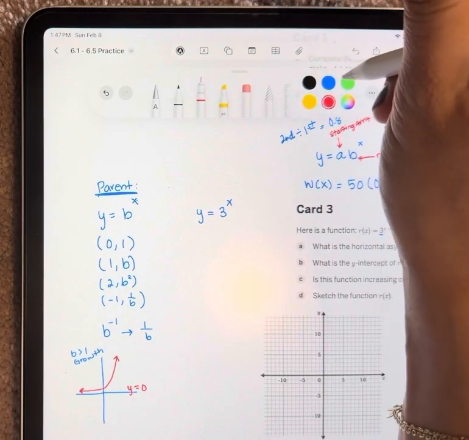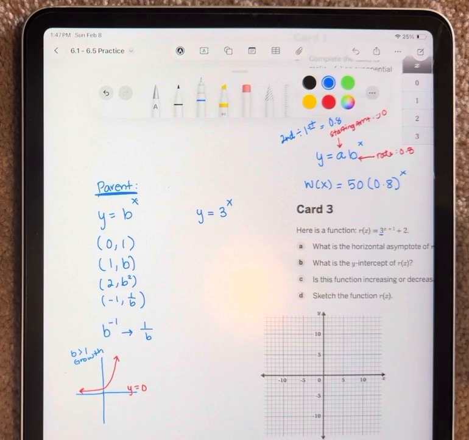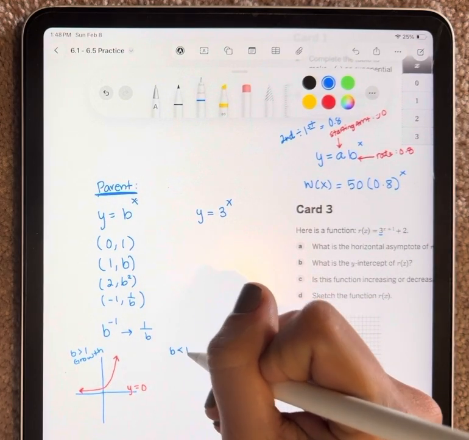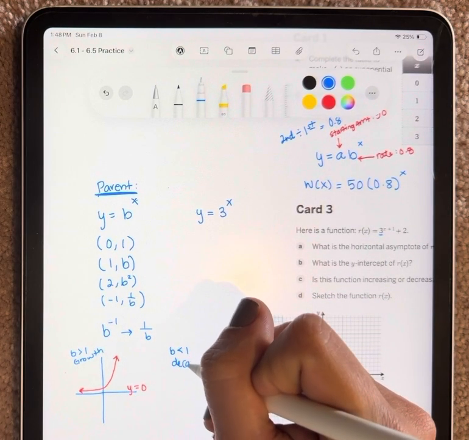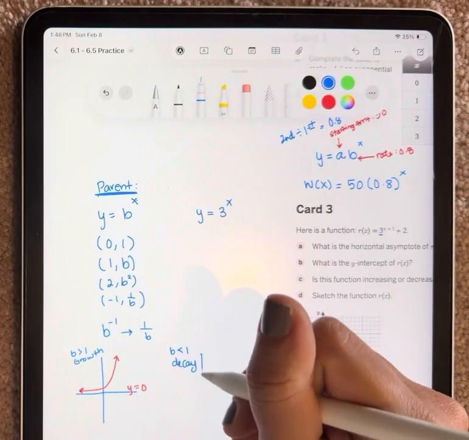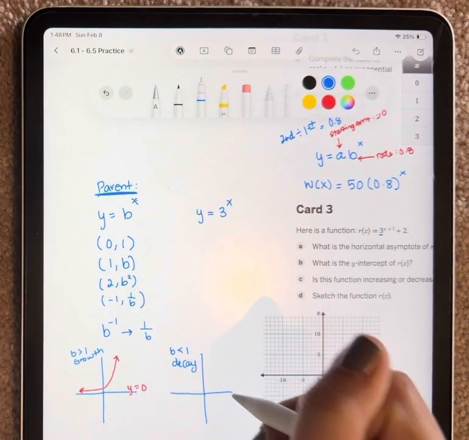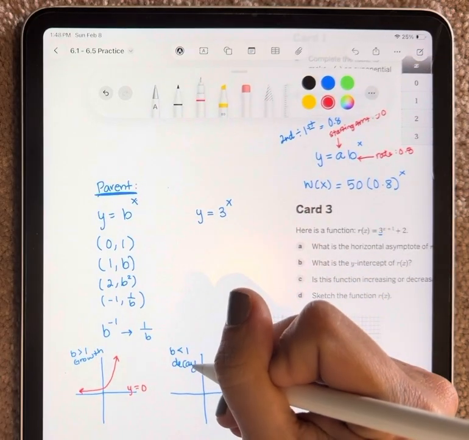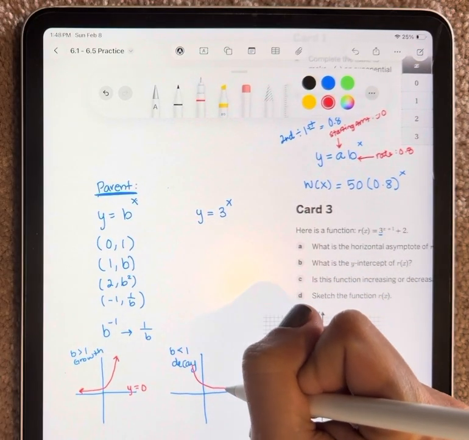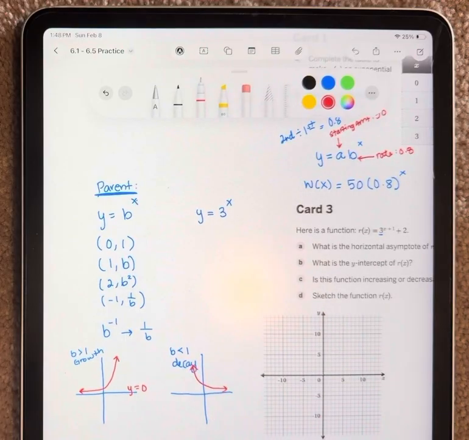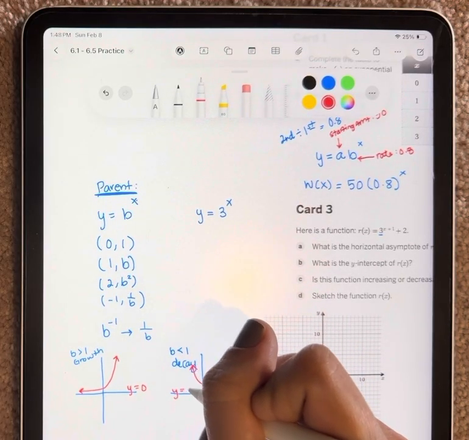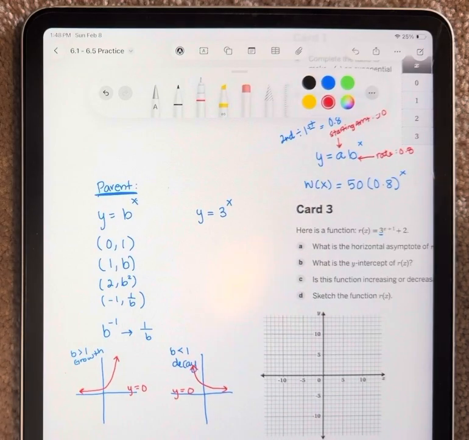Whenever we have b less than 1, then we have decay, which means that we start high and end low. Like that. Start high and end low. But we still have a horizontal asymptote at 0.